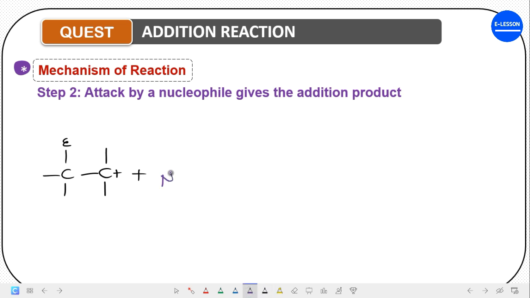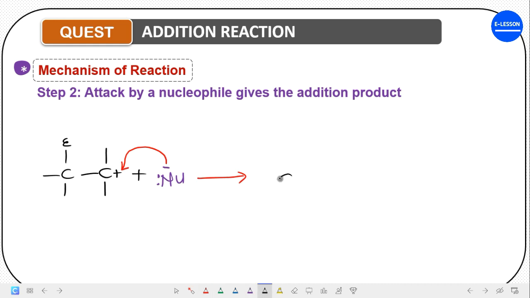Now, what do you say is a nucleophile? We say a nucleophile is a nucleus-loving species. It loves a positive charge. So we have the electron pair on top. Then what happened? This one attacks here. As it's attacking here, what will be the product of the reaction?